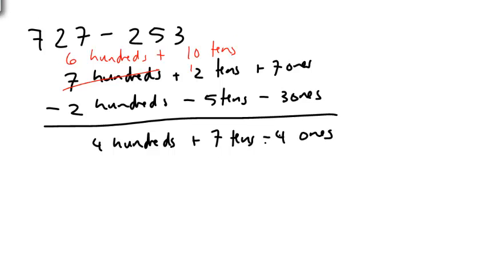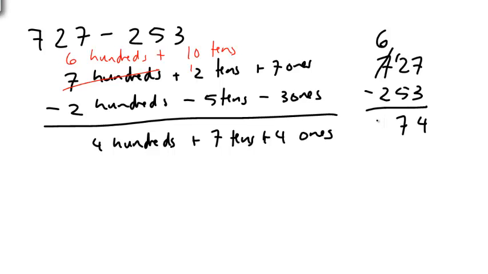The shortcut on this would be to say I have 727 minus 253, 7 minus 3 is 4, 2 minus 5 can't be done, turn the 7 into a 6, put a little 1 in front of there, 12 minus 5 is 7, 6 minus 2 is 4, 474.